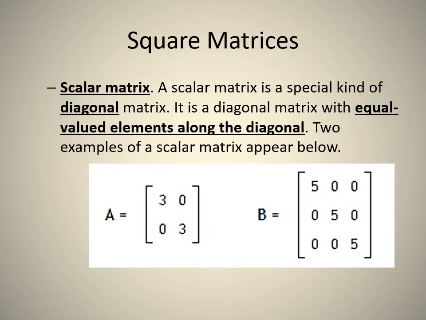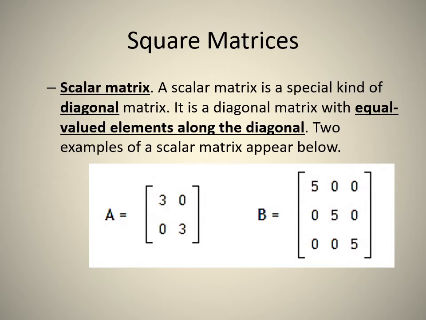Another special square matrix would be a scalar matrix. A scalar matrix basically is a symmetrical matrix where the off diagonal elements are zeros, and the diagonal elements are exactly the same number. So in these two examples, in matrix A, you can see that on the diagonal you only have the number 3, in position 1, 1, and position 2, 2.